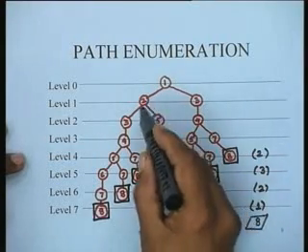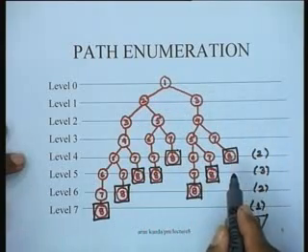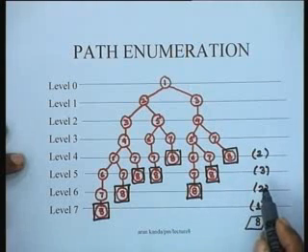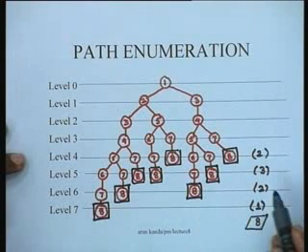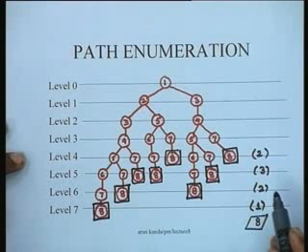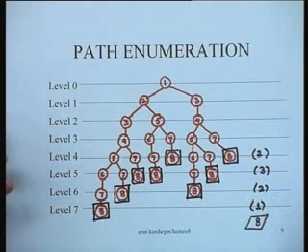We could also keep track of the individual path lengths and determine which out of these 8 paths is the longest, which is the shortest, and so on. And in this process we could determine the critical path. So this is the process of determining the longest path in the network by path enumeration.